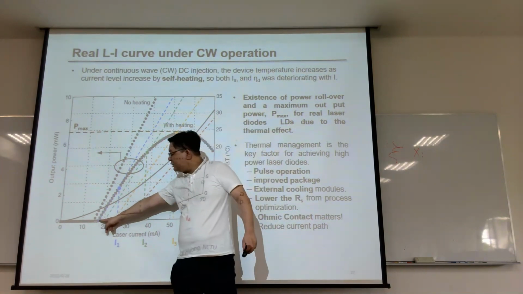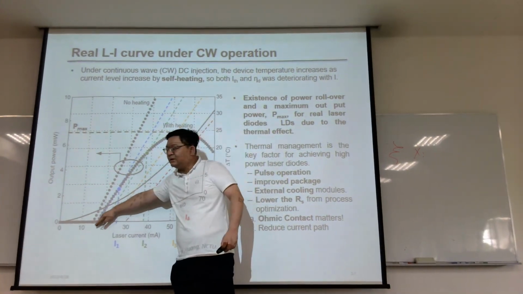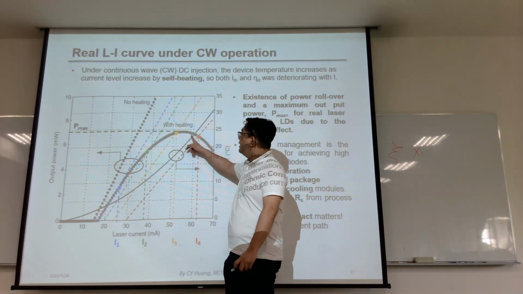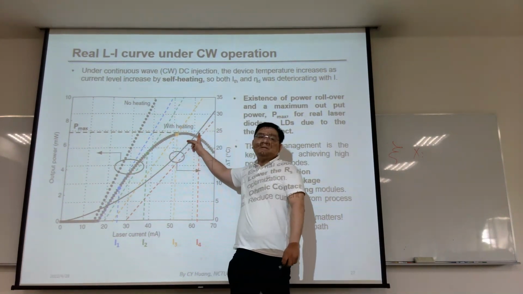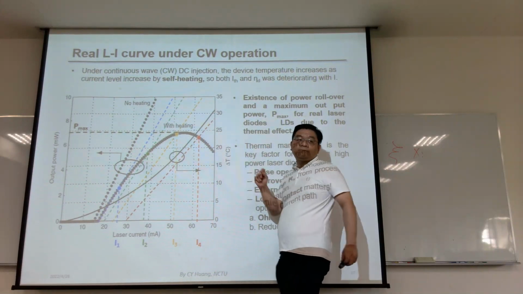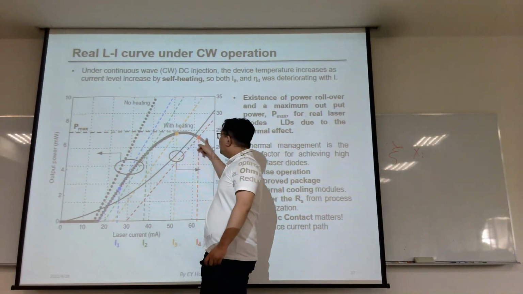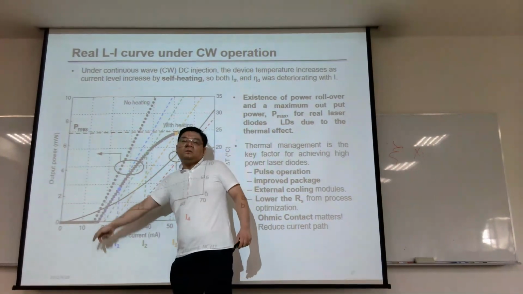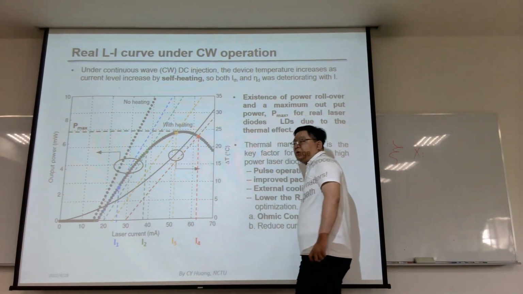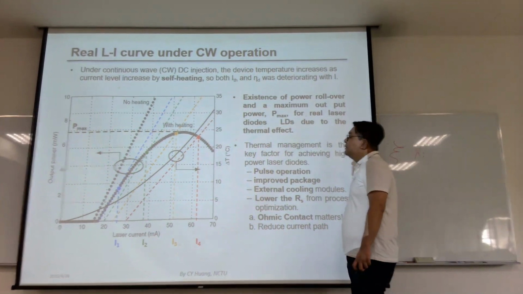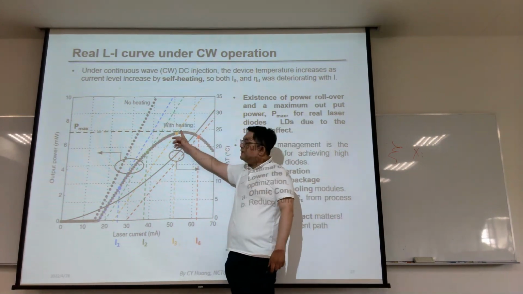Since the ITH increases so much and the slope also decreased a lot, it reached its maximum point, then goes down. So you will get a real LI curve due to the device self-heating.